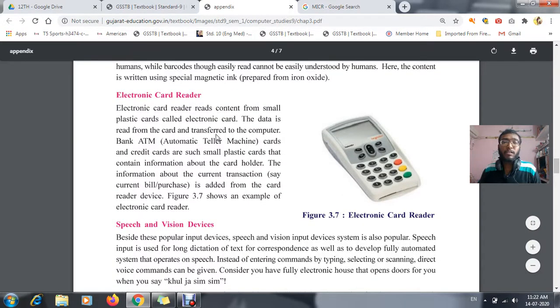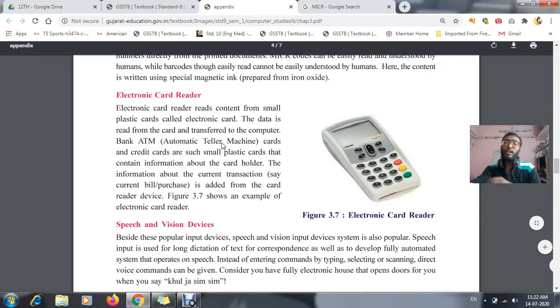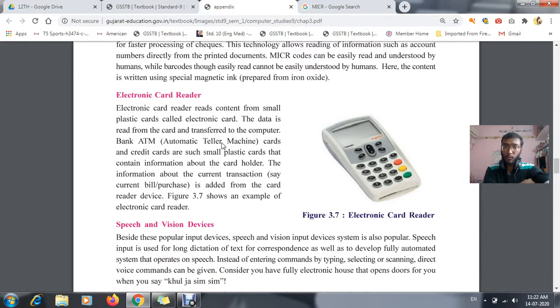Okay, now next is your electronic card reader. The best example: whenever we go to restaurants or shopping malls, mainly restaurants, and we do not have enough cash to pay, we can use our credit card or debit card. If we use the debit card, they use such a machine, and either insert the card from the bottom or swipe it from the side. Then we have to enter our 4-digit pin, and the amount for our purchase is automatically deducted from our bank.